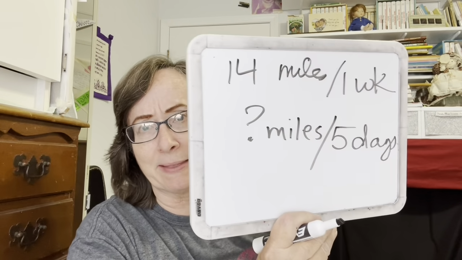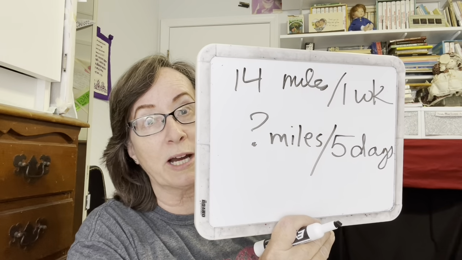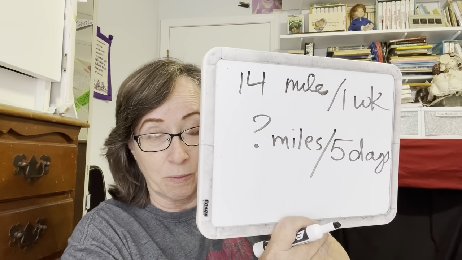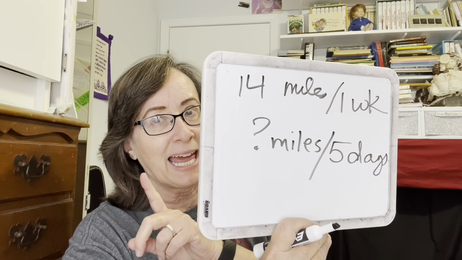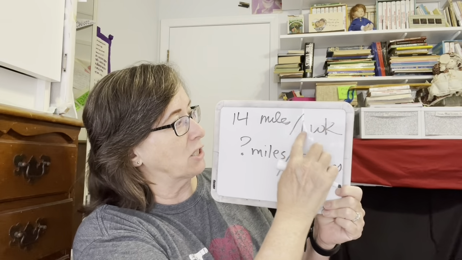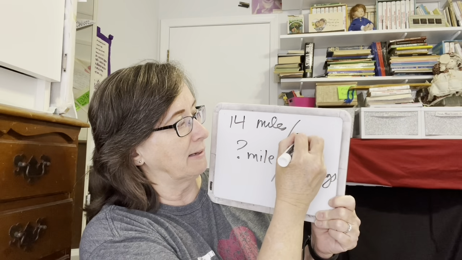Okay, so let's think about this. It's kind of hard to think about days and weeks. We don't want two different denominators, do we? We'd rather get one like denominator. So why don't we get smart and change our week to 7 days?